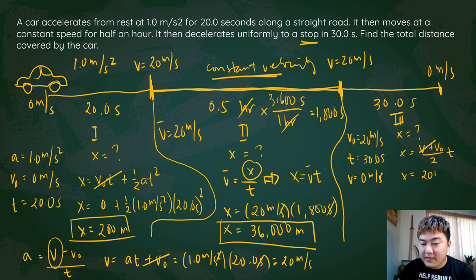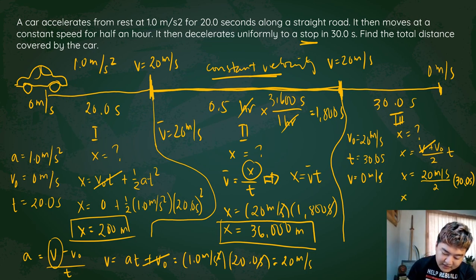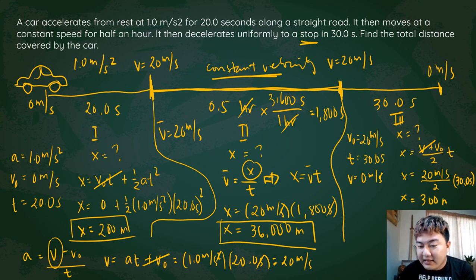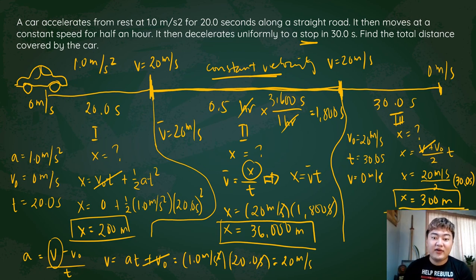That's 20 meters per second over 2 times 30 seconds. So keying that in your calculators, you've got 20 divided by 2 times 30. So you've got 300 meters. So you have 300 meters for the displacement for the third stage.